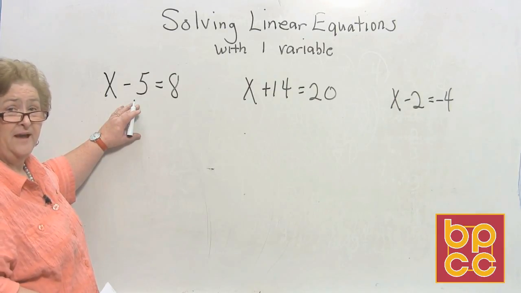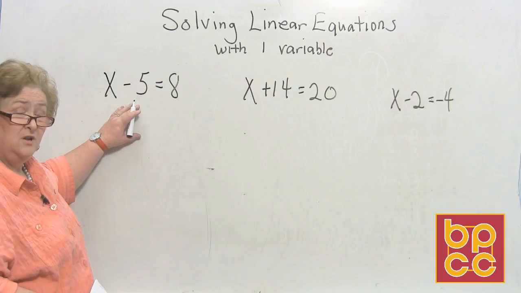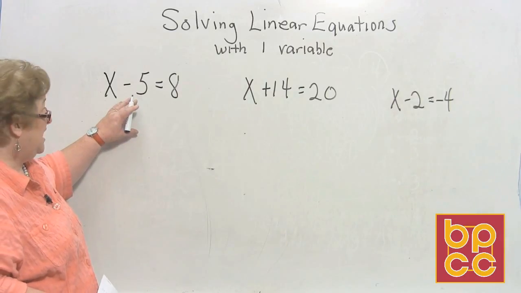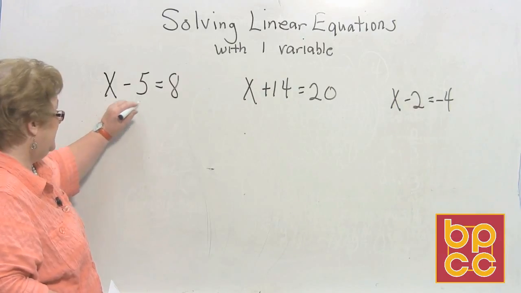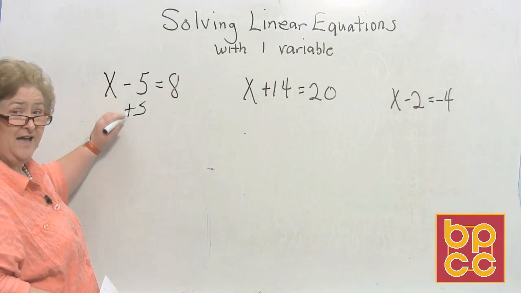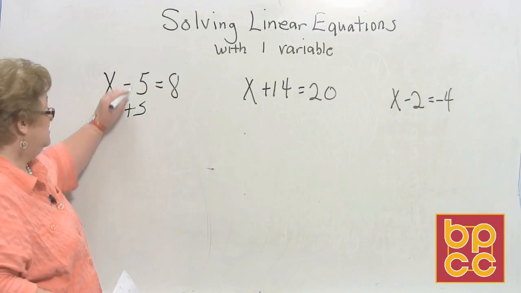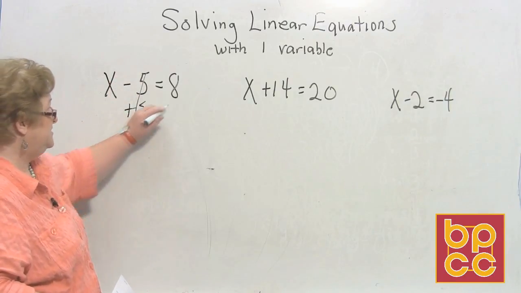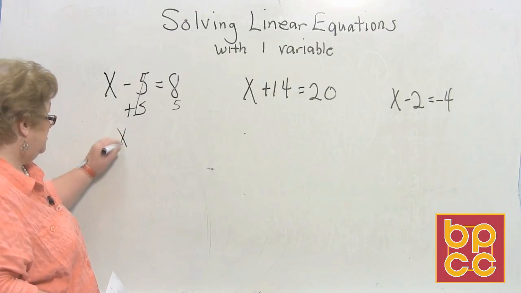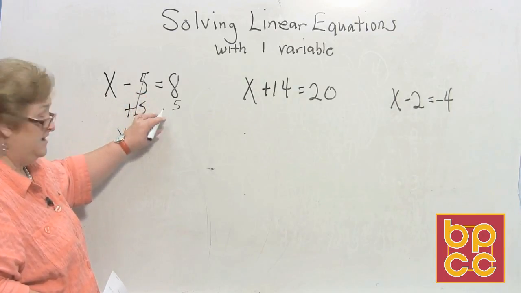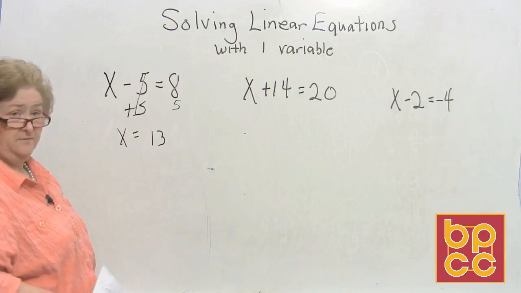And you remember in the past we talked about additive inverse, which is nothing but the opposite. The opposite of a -5 is a +5. So I'm going to do a +5, and the -5 and the +5 are going to clear out. So I added 5 to this side, and I'm going to add 5 to that side. X is now equal to 8 plus 5, which is 13.